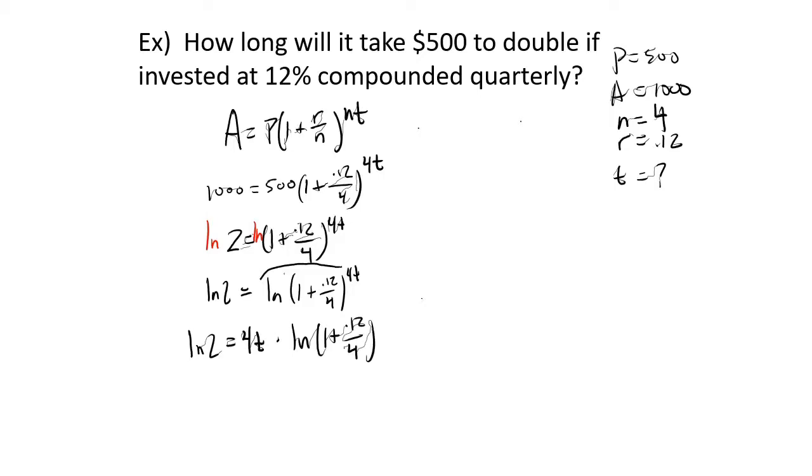And then if we wanted to actually solve for what that is, we just also have to solve for t. So t is equal to the ln of 2 divided by 4 times the ln of 1 plus 0.12 over 4.